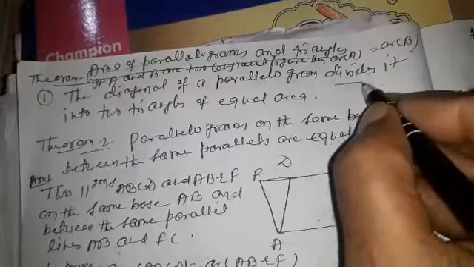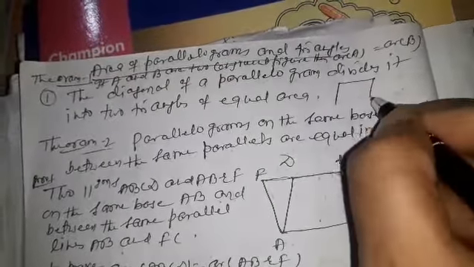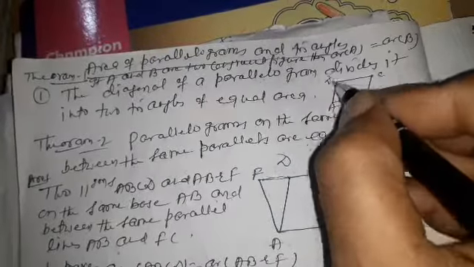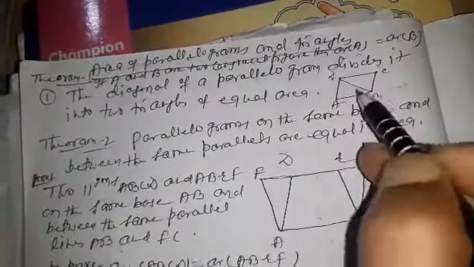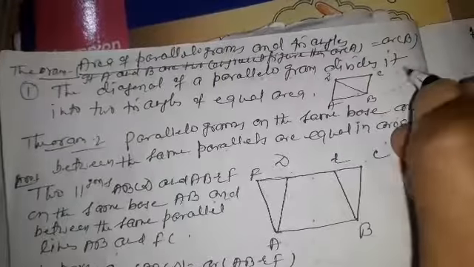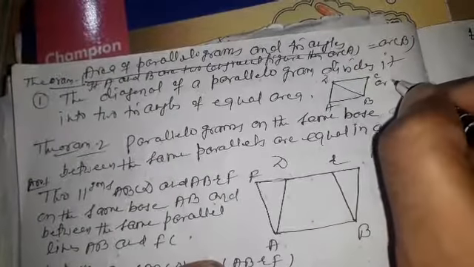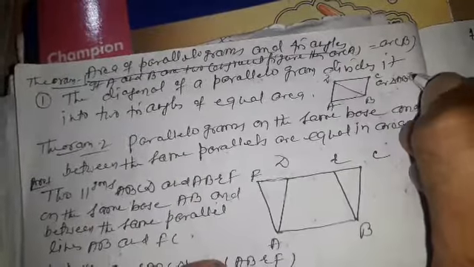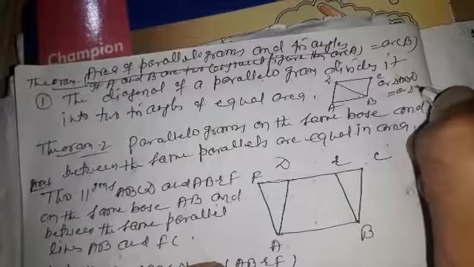If ABCD is a parallelogram, then diagonal BD divides it into two triangles of equal area. It means area of triangle ABD is equal to area of triangle BCD.